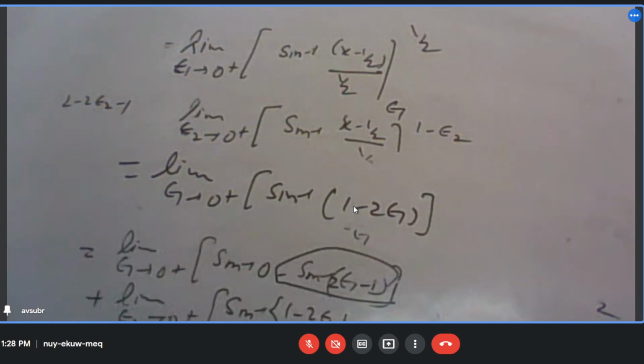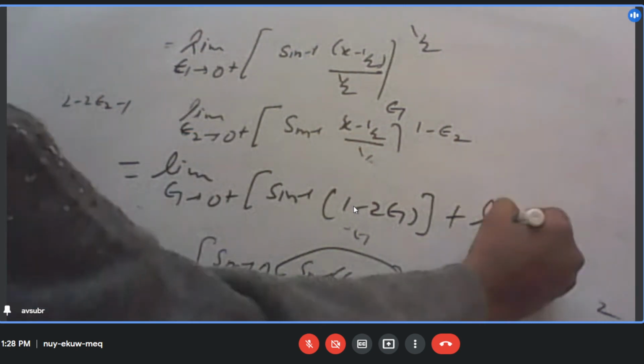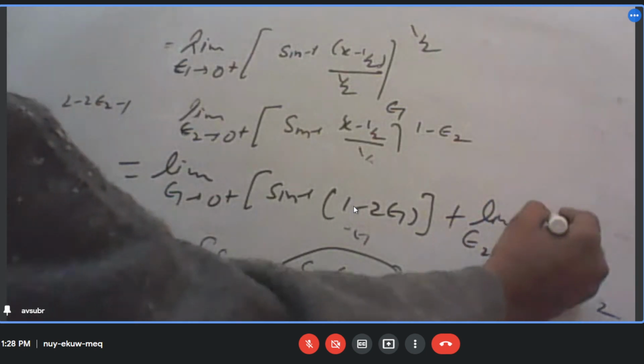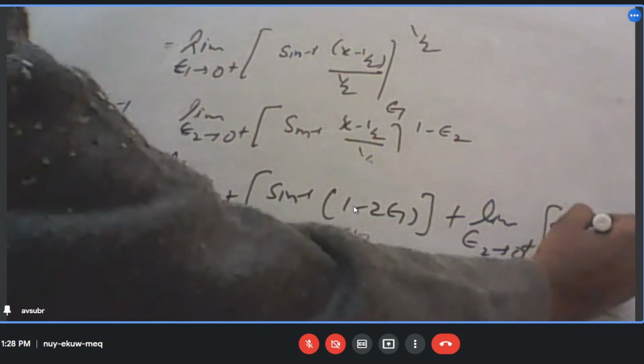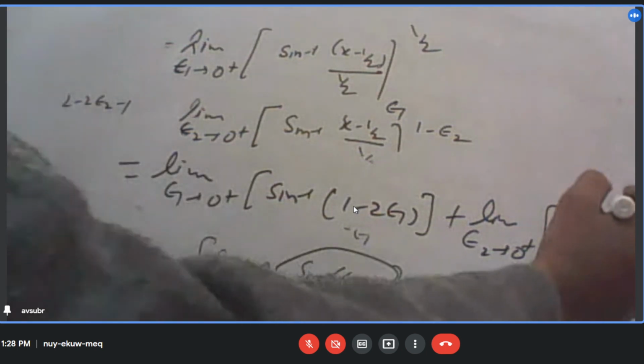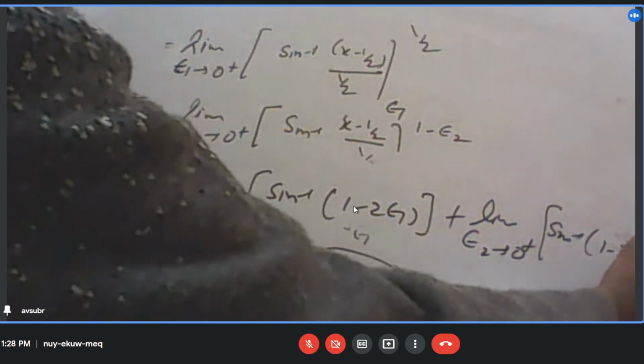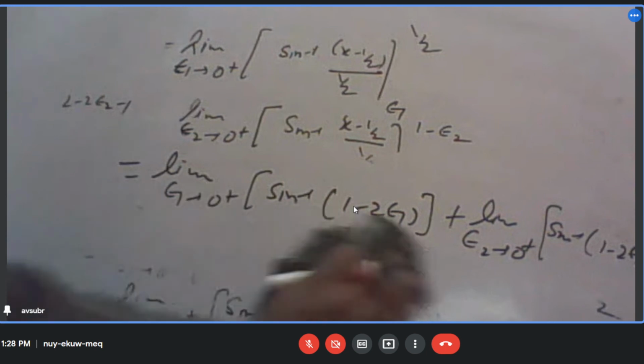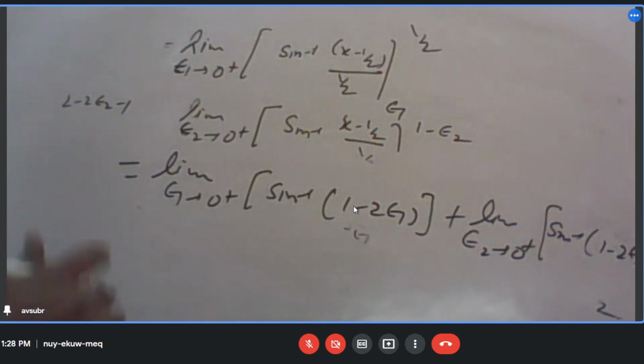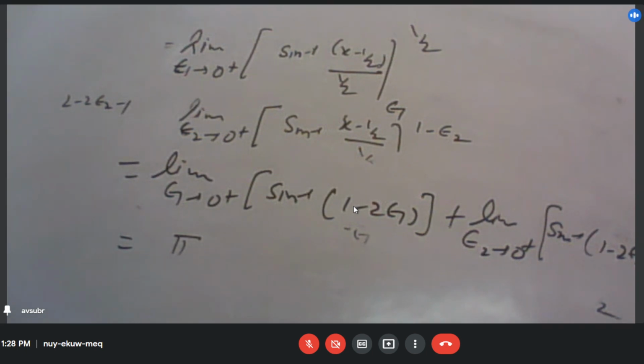Sir, pi will come. And plus the limit, sine inverse 1 minus twice of this thing. So the answer will be pi, if I am not mistaken: pi by 2 plus pi by 2. Is it okay?